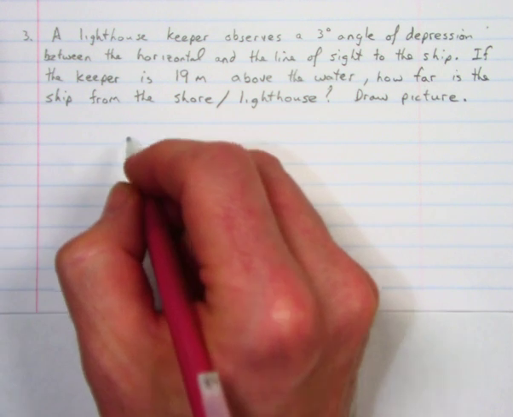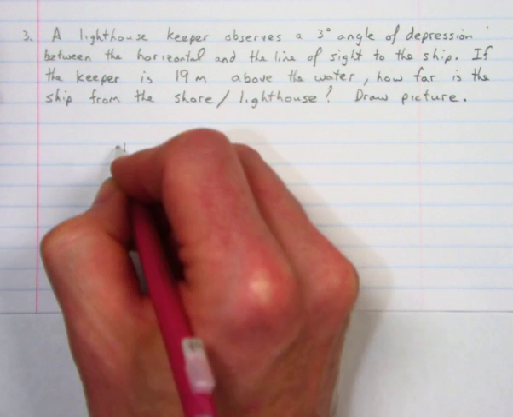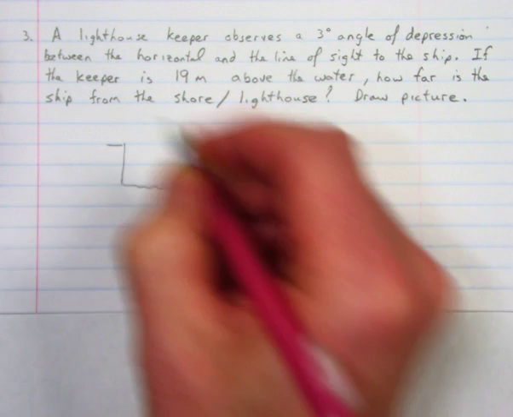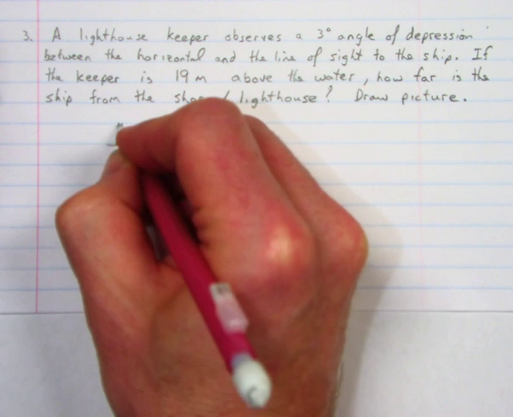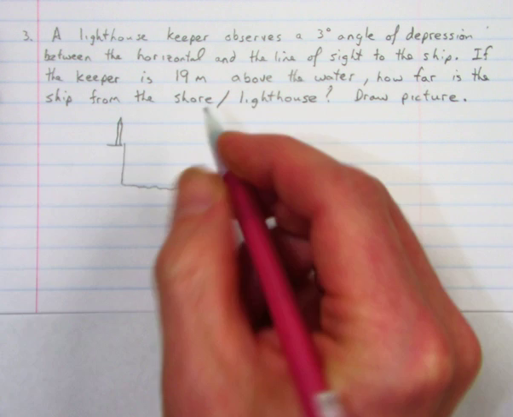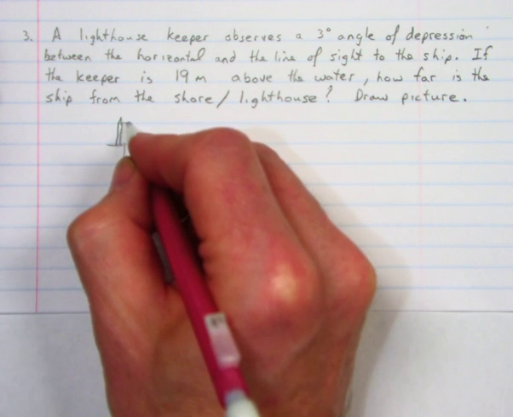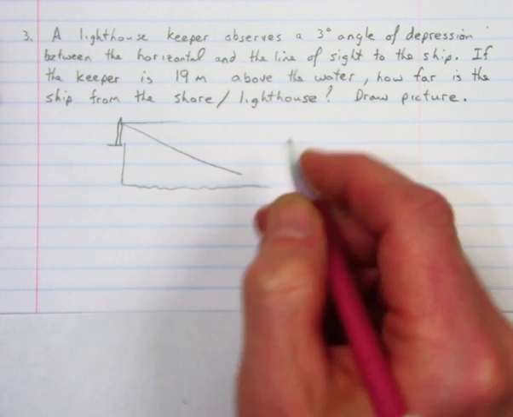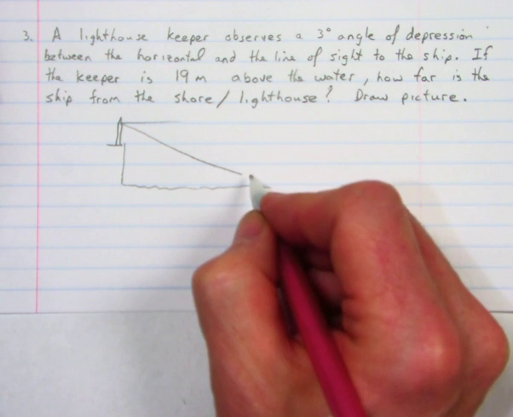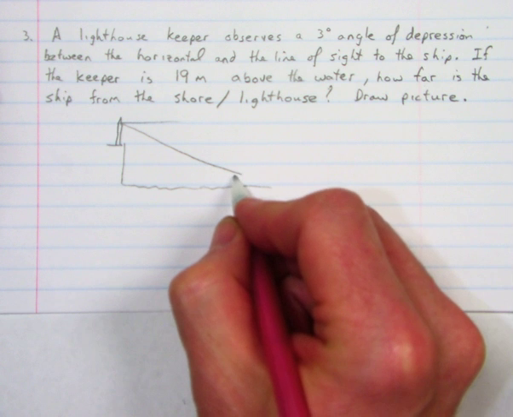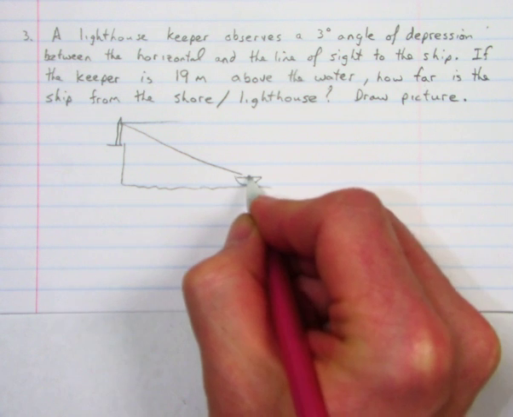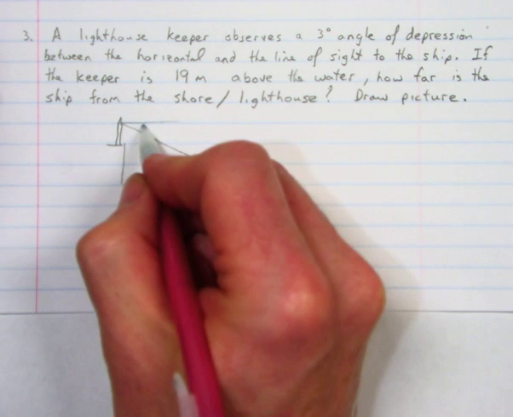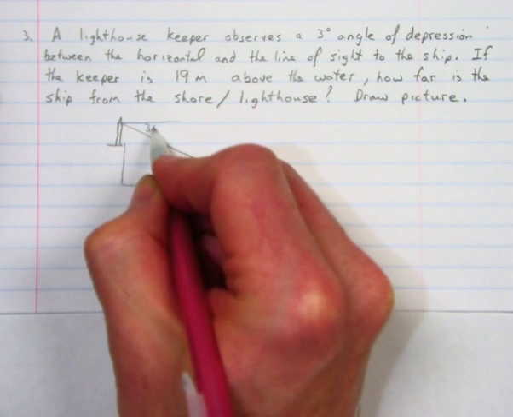We will have the shore, and we'll have some water down here, and then we have the lighthouse coming up. And the lighthouse, from the horizontal, spots a ship. And I need to draw my ship. It's a mighty vessel. And that angle is 3 degrees.